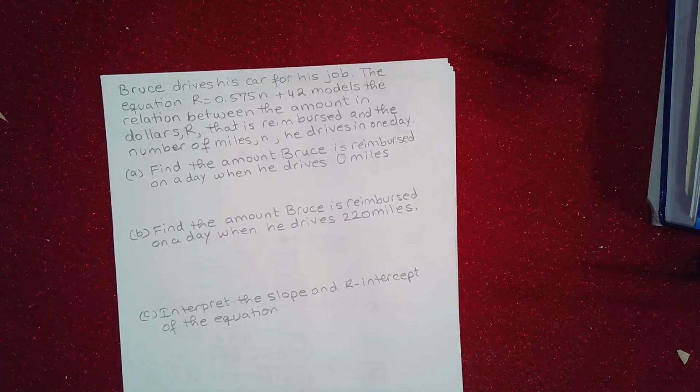So here we have an employee, Bruce, who uses his car for his job. So his company pays him. How much they pay him? Well, they pay him depending on the number of miles driven.